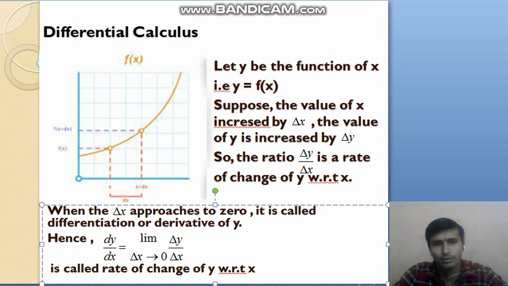So understand what differentiation or derivative is. It simply means the rate of change of one physical quantity with respect to another physical quantity.